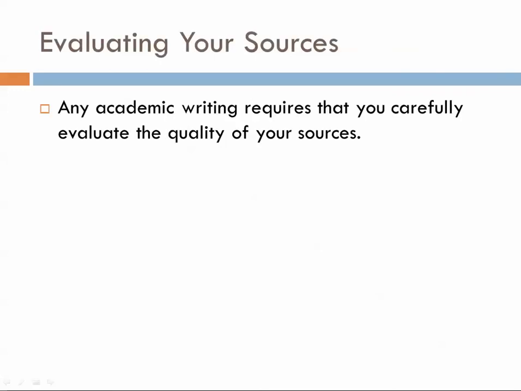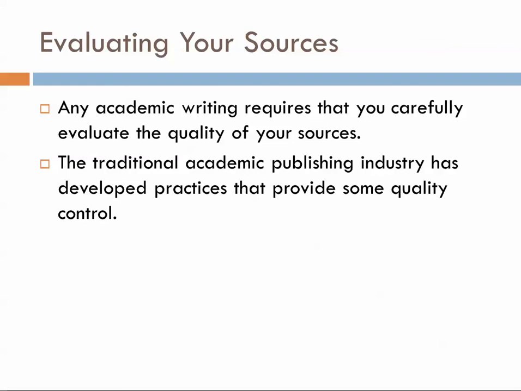Any academic writing requires that you carefully evaluate the quality of your sources. You've probably heard your professors say this before. It always bears repeating. The traditional academic publishing industry has developed practices that provide a lot of quality control.